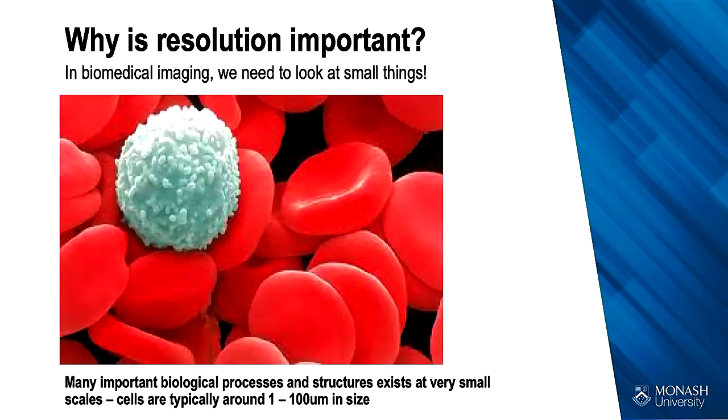These are usually 1 to 100 micron in size, biological cells. So red blood cells are about 8 micron in diameter, their largest side. So we want to be able to see these things and image them so we can see the processes going on in the body, all sorts of applications. So we need to be able to resolve small things.